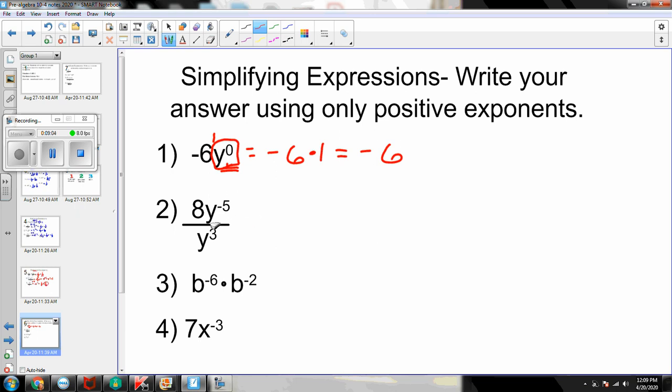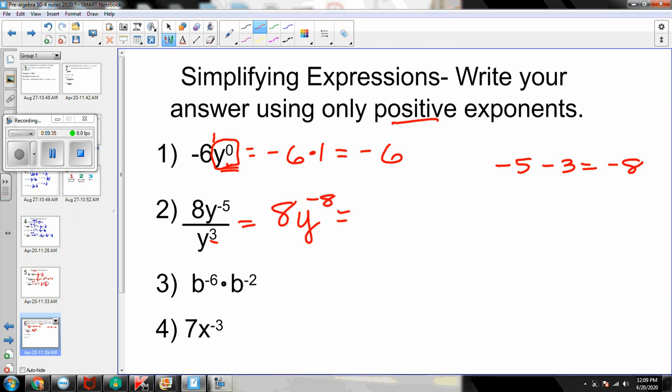On number 2, I'm noticing that I have division. So if I have division, I'm going to subtract my exponents. So I'm going to start with negative 5, and then I'm going to subtract 3. Well, this is like a negative 5 and a negative 3. That's going to make negative 8. So this is going to be 8y to the negative 8. I have not simplified all the way because when I simplify, I've got to make sure that my final answer only has positive exponents, and I've got a negative 8.